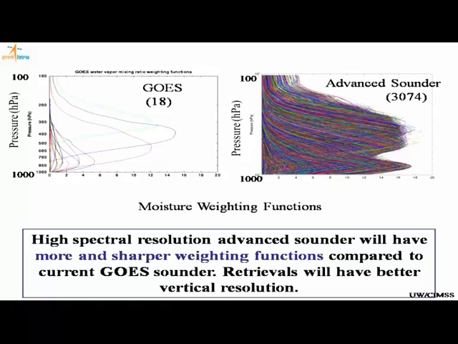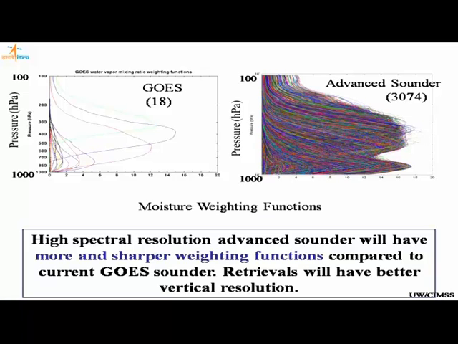So here we can see the comparison of weighting functions for a multispectral sounder versus advanced hyperspectral sounders. We have only 18 channels on the GOES sounder, or our INSAT-3D future sounder. So there are only 18 weighting functions we can see. From these 18 weighting functions or 18 radiance measurements, we have to get information on temperature and humidity at different layers of the atmosphere.